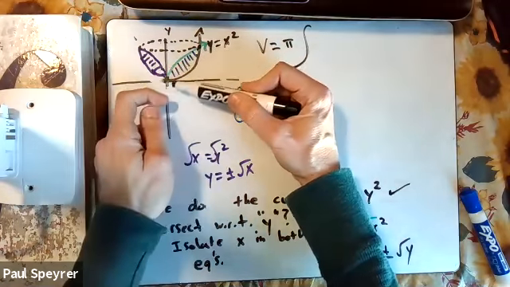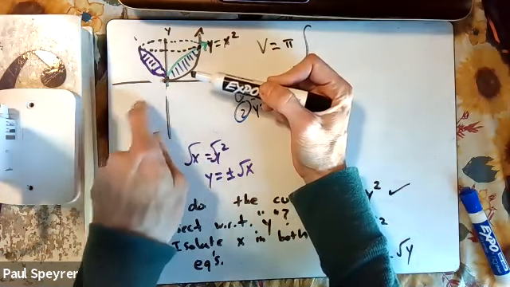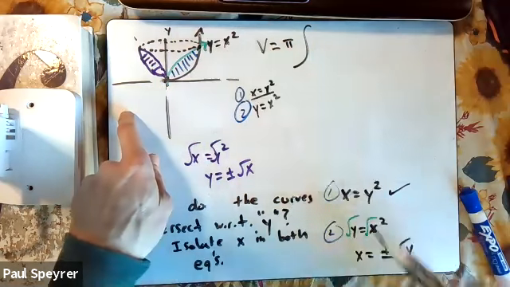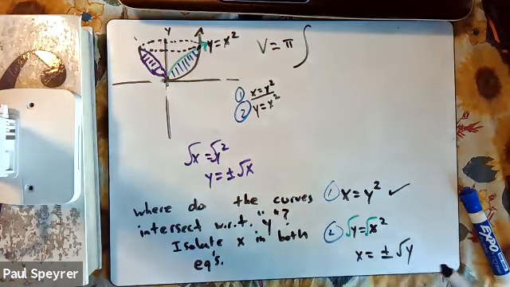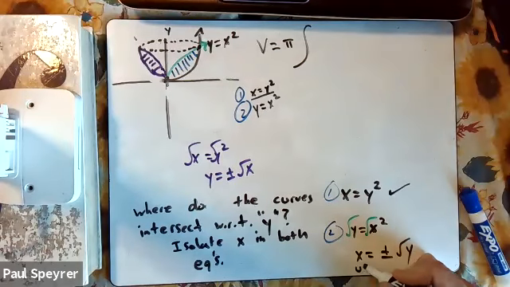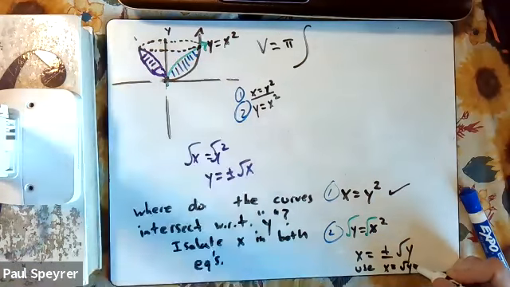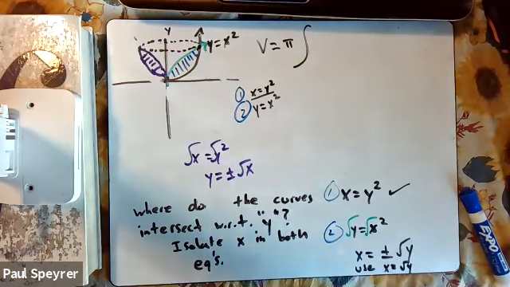If your curve was down here, where y is negative, you would use the negative version of that. So you've got to pay attention to that. So we need x equals square root of y. And again, it's because we're shading above the x-axis in the positive region of the y-axis.